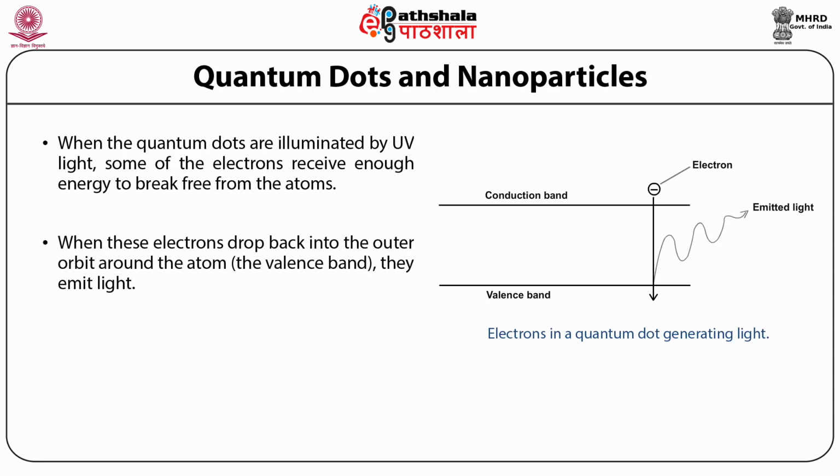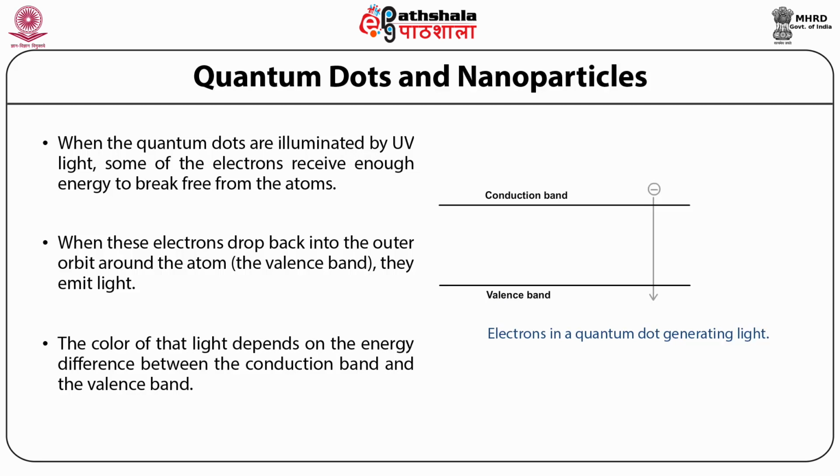When the electrons return back to the original orbit around the atom, or the valence band, light is emitted whose color depends on the difference in conduction band energy and valence band energy, which you all can see in this figure. So in this figure, electrons in a quantum dot generate light.